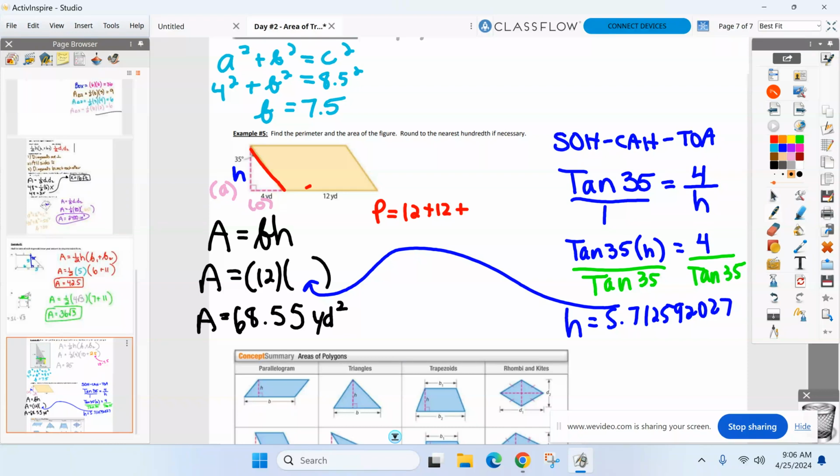And no matter how you guys did it, keep working. You should have 6.973787182 as that other side of the parallelogram.